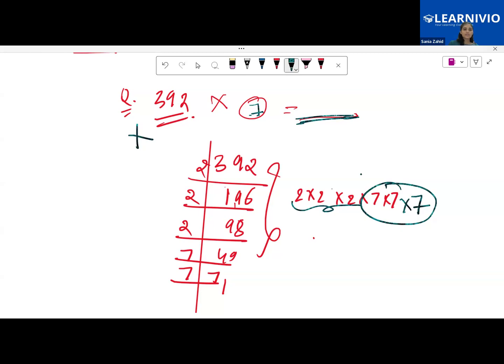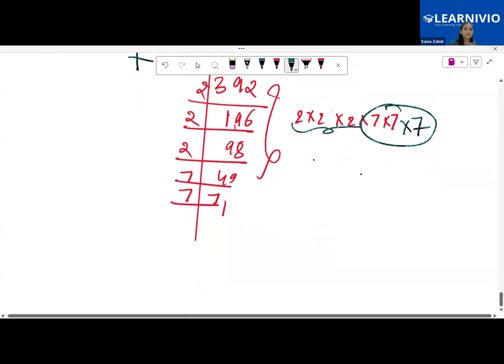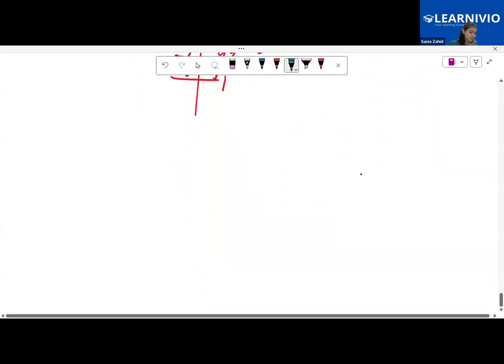If the question comes that by which number this given number should be divided so that you get a perfect cube, this number shall not be given. A number will be given where you have 53240.